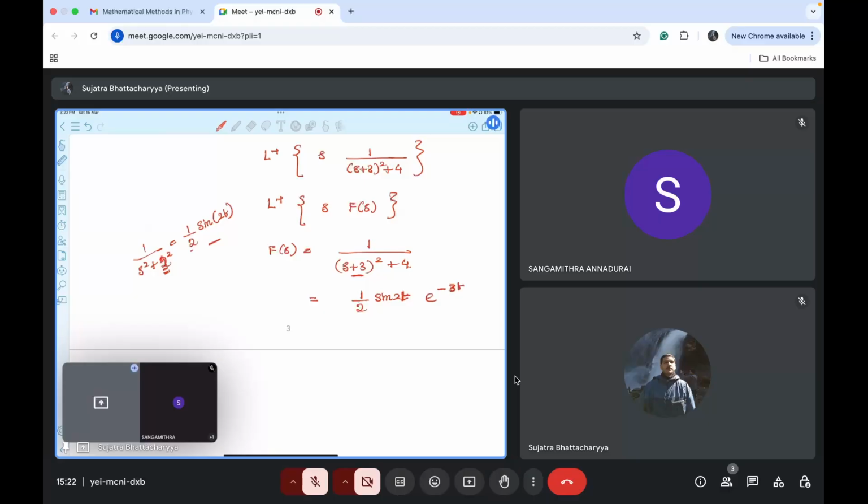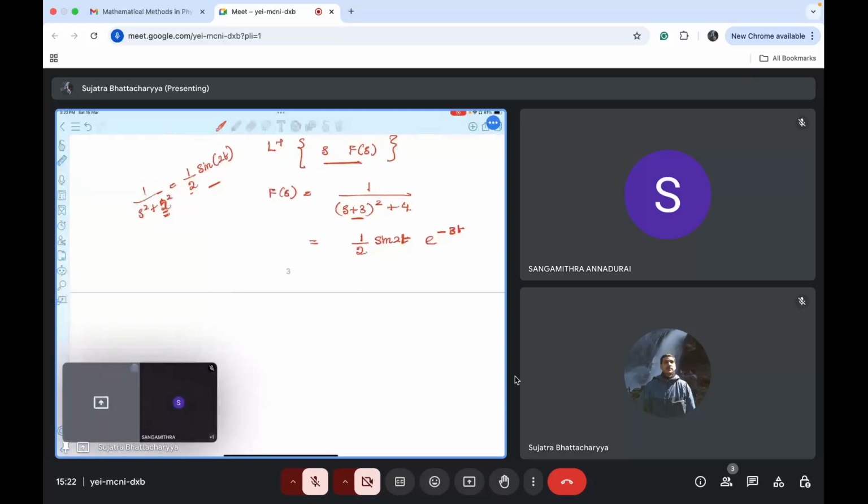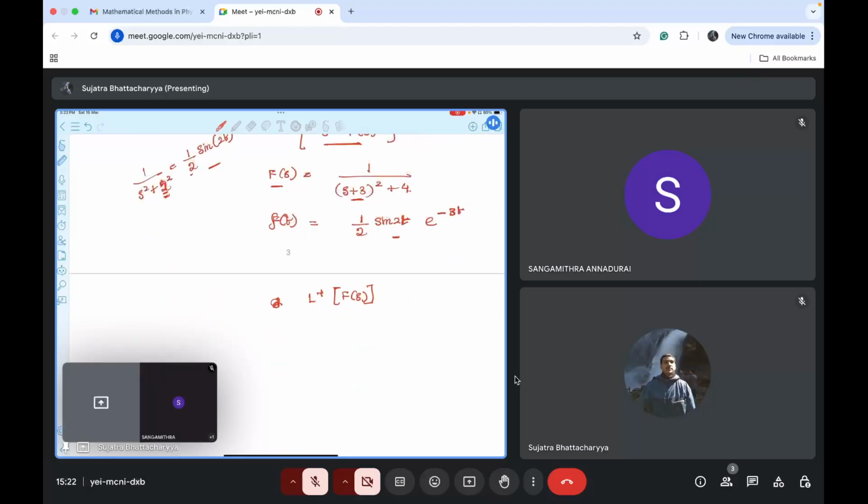Okay. If this is what we have got, now you have s times F(s), right? If you have s times F(s), then if you know your f of t, that is the inverse Laplace transform of F(s), then s times F(s) is nothing but d dt of f(t), and plus of course f(0) you can put.